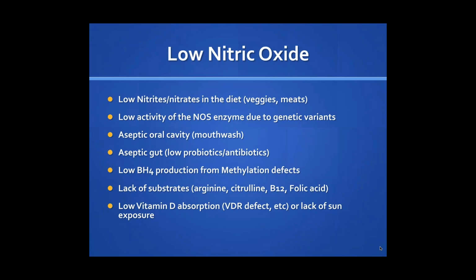Low nitric oxide can also occur because of a lack of it in the diet. The veggies are going to contain nitrites and nitrates directly, and meats are going to contain arginine.